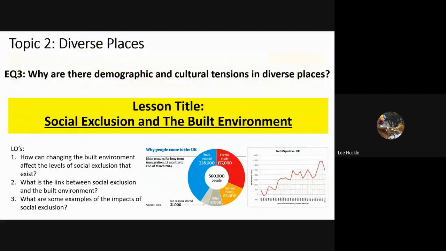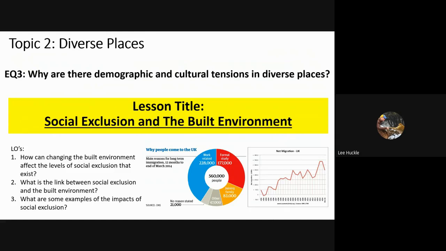Then EQ3 starts to look at social exclusion and the built environment. So particularly paying attention to cities and how the built environment can start to take on characteristics of the people that are living there. So 3 things. 1, how can change in the built environment affect the levels of social exclusion that exists? 2, what is the link between social exclusion and the built environment?